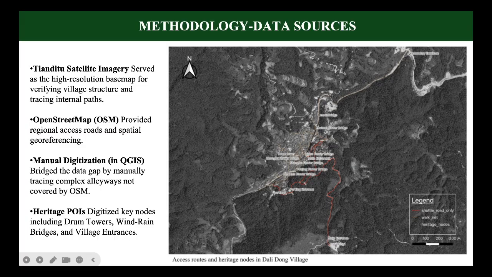Finally, we digitized the key heritage points of interest, including the Drum Tower, multiple flower bridges, and the main village entries. On the map, you can see how these layers come together: the access routes, the complete walking network, and the mapped heritage nodes within the study boundary.